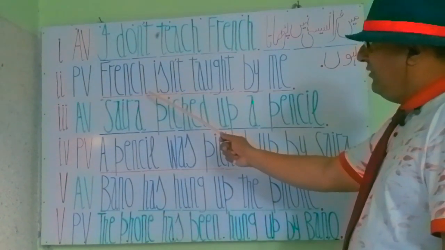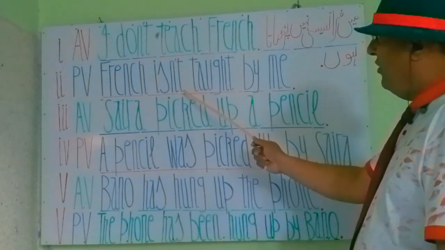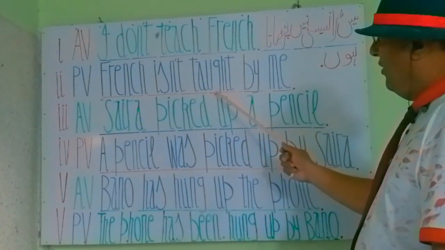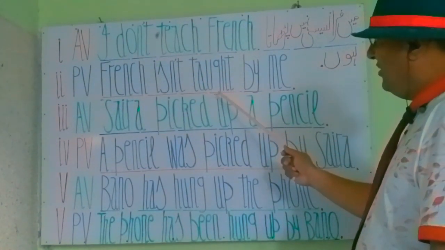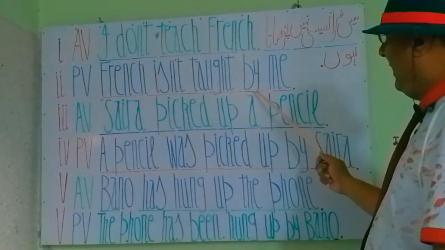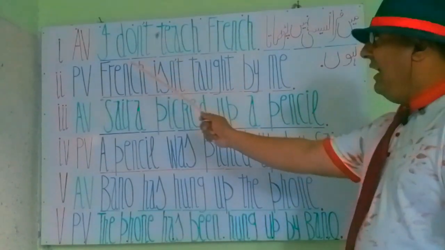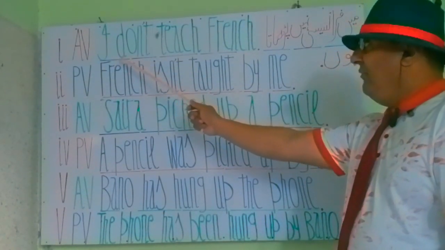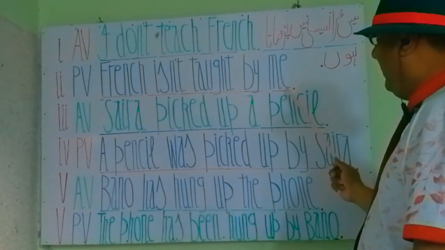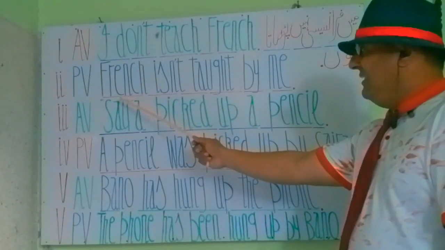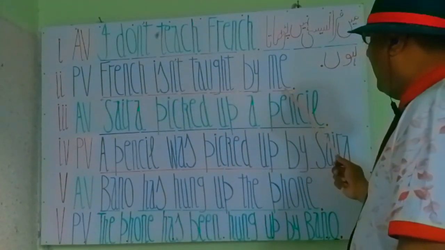By rules, if the subject is singular, then we add is, and then the negative sense not, and the third form, the past participle form of principal verb teach, that is taught, and then connecting word by, and in the end the objective form of I. I is a subject. Now it will come up here as an object, so we need its objective form, that is me. So the new statement you see, my students, is French is not taught by me.